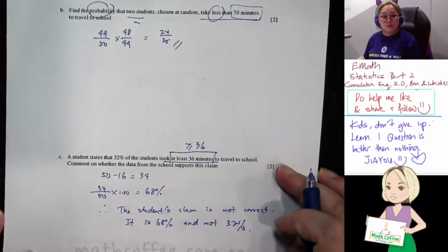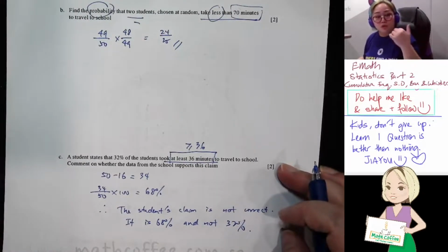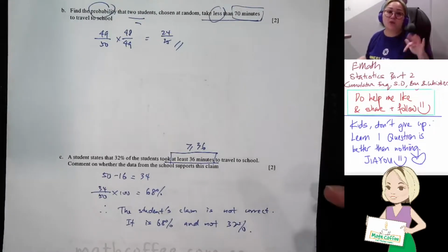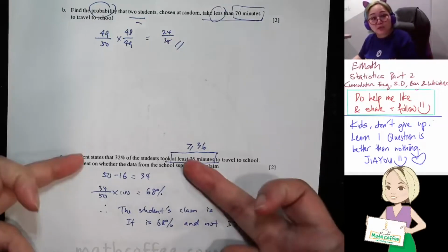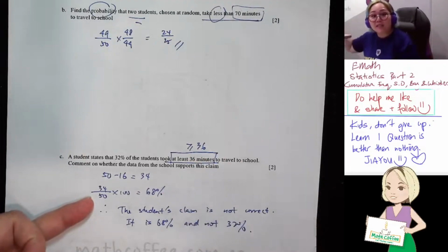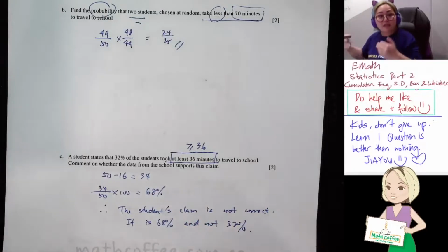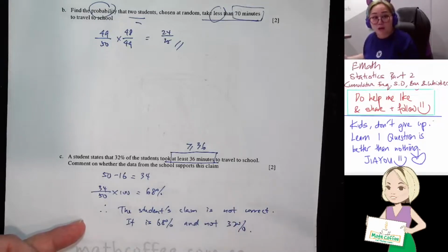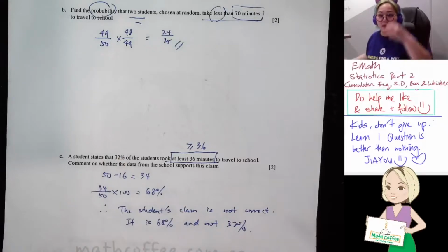So 2 marks means you need to at least write 2 sentences in order to get that 2 marks. If it's just 1 mark, then you don't have to write too much. So what I did was, I do the calculation to fulfill their at least 36 minutes, which I get 68%. Then I give a statement that their claim is not correct because it's supposed to be 68%, not 32%.